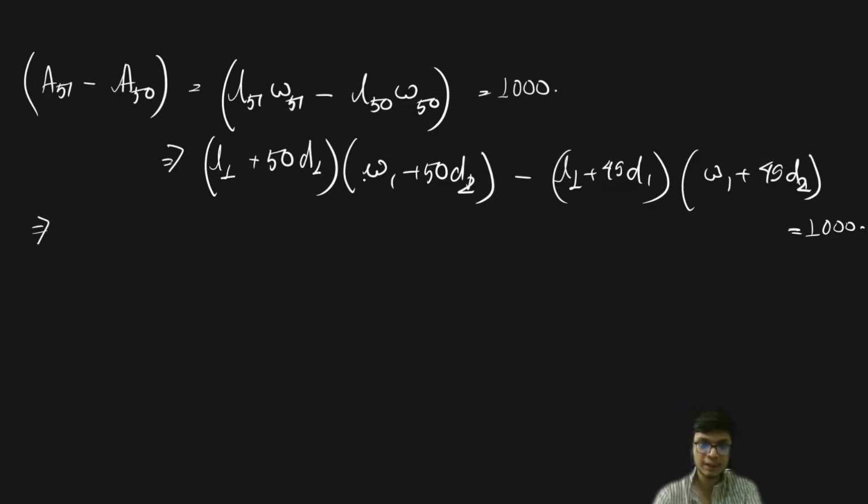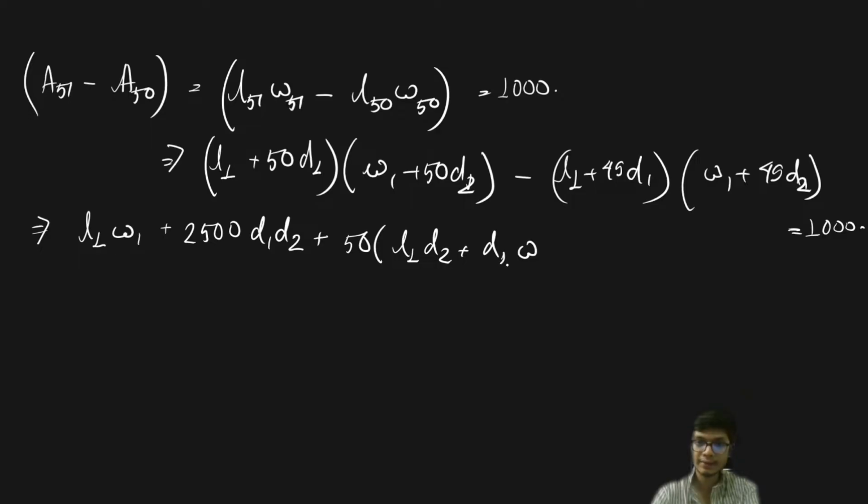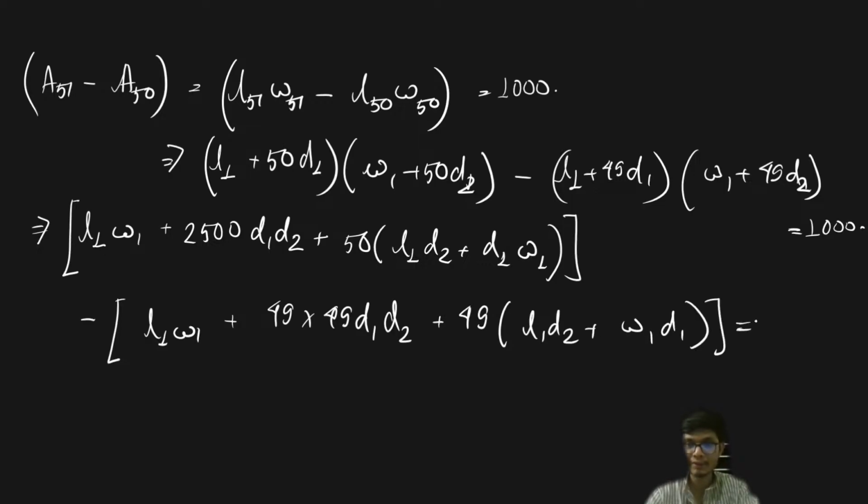Now, further simplifying, I can do the multiplication. I can write it as L1 W1 plus 2500 D1 D2 plus 50 times L1 D2 plus D1 W1, minus L1 W1 plus 49 squared times D1 D2, plus 49 times L1 D2 plus W1 D1, and that difference is given as 1000.